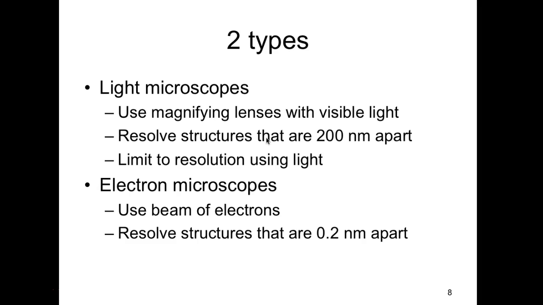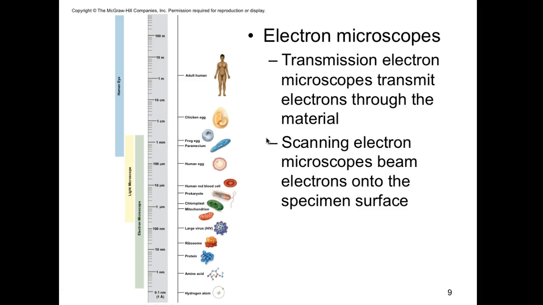2 basic types of microscopes are the light microscopes and the electron microscope. Light microscopes use magnifying lenses with visible light, resolve structures that are 200 nanometers apart, which is the limit to resolution using light. The electron microscope uses a beam of electrons, and those can resolve structures that are about 0.2 of a nanometer apart.